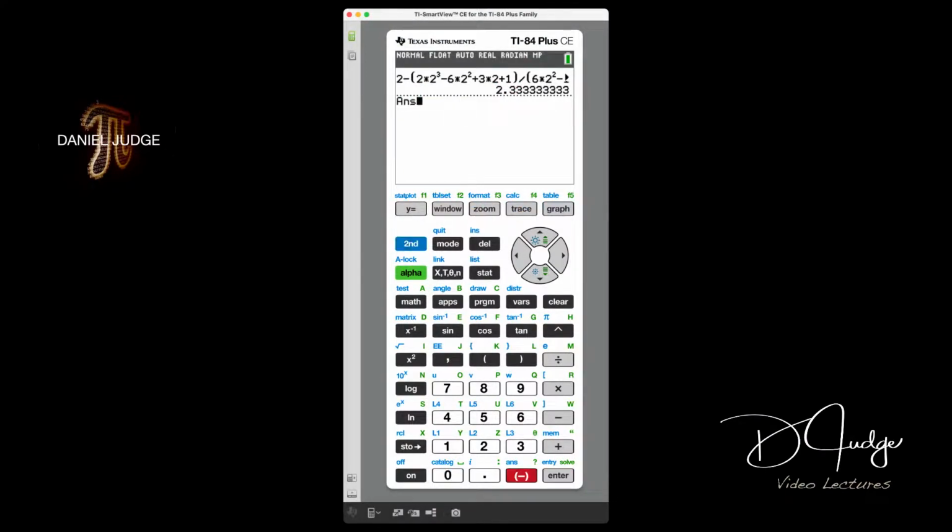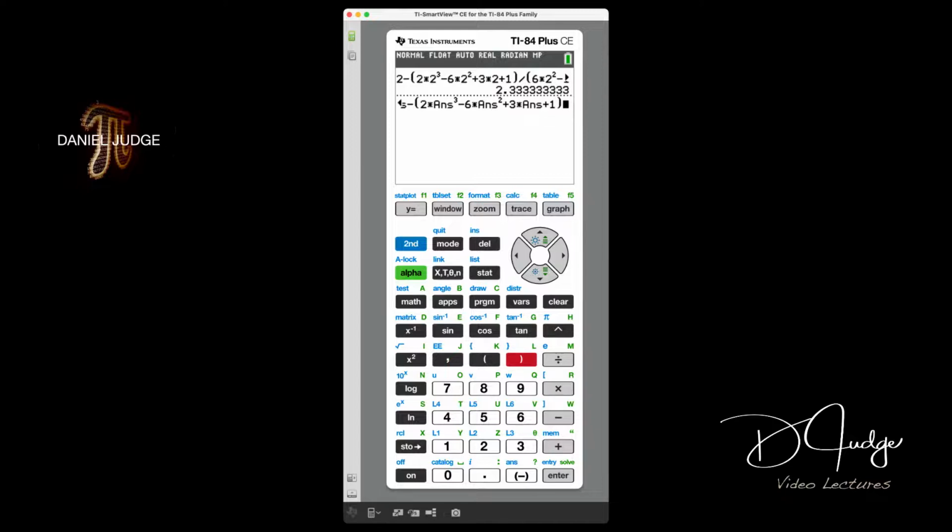So prior answer, it's going to be that 2.3333 forever. Minus in parentheses 2 times prior answer raised to the third power. Come out of there. Minus 6 times prior answer raised to the second power. You come out of there. Plus 3 times prior answer plus 1, and close this.